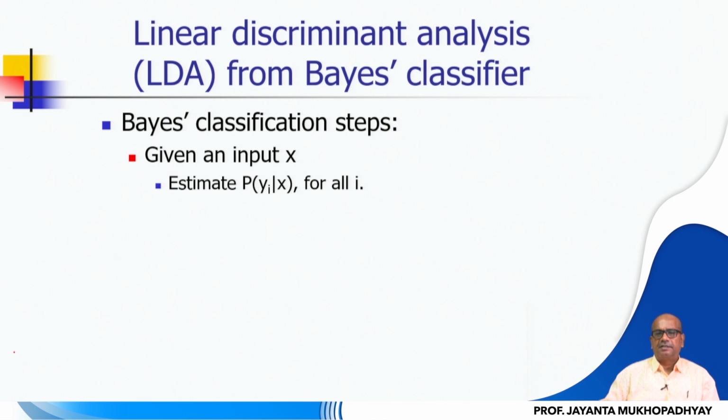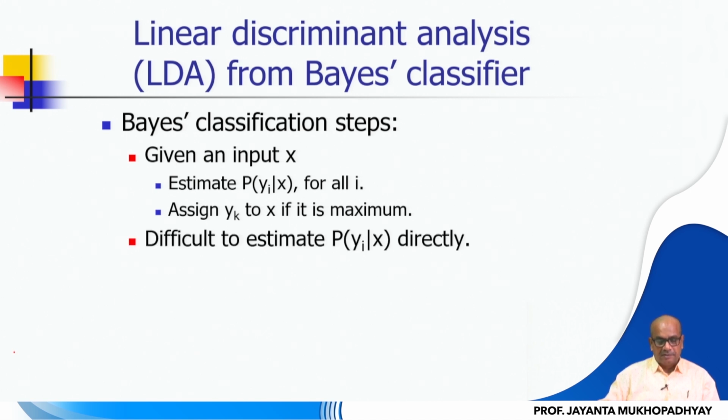Now you have to estimate the probability of yi given x, where yi is the respective class identity for all i, and assign the class yk to x, the class identity for the kth class, if it is maximum. It is difficult to estimate this posterior directly, as we have already discussed during Bayesian classification.